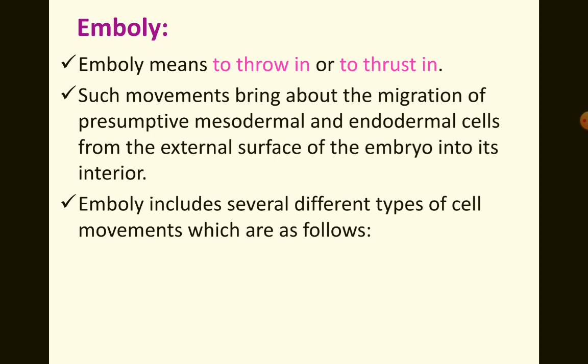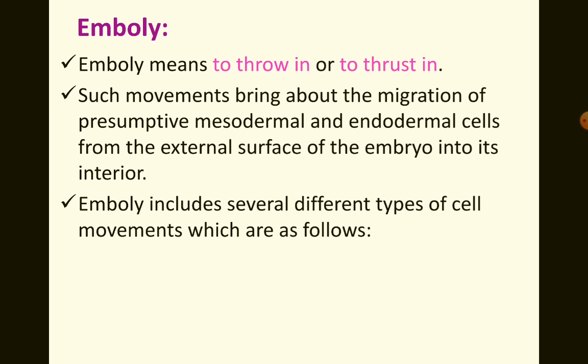What is the original position of this mesoderm and endoderm? Mesoderm should be found between ectoderm and endoderm, and endoderm should be the innermost lining, if you consider the order of germinal layers.